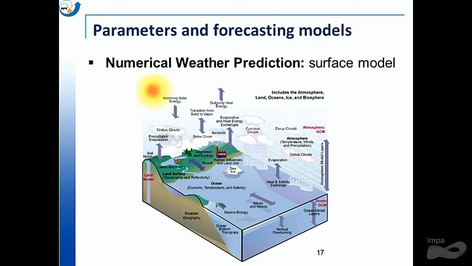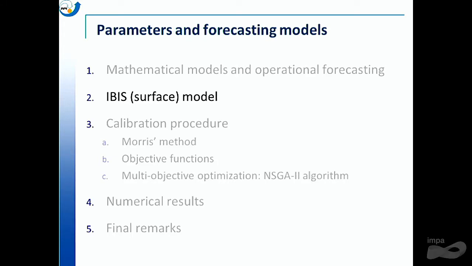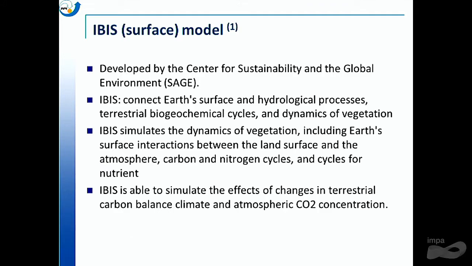But going back to the interaction between the surface and the atmosphere, we have a lot of processes here and different land cover, water, ice, and everything. And so in order to do a good representation of this, we use what is called a surface model, and I'm going to talk a little bit about the IBIS model. Okay, this model was developed by the Center for Sustainability and the Global Environment, SAGE.